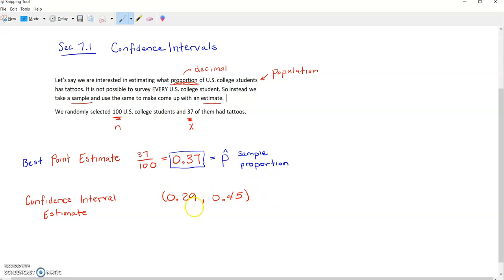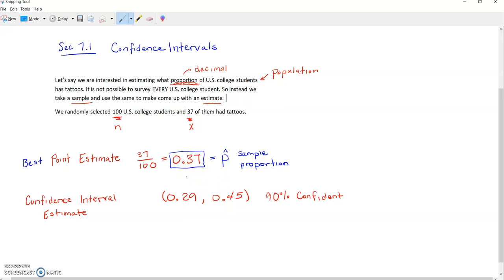So this is saying we are 90% confident that this interval from 0.29 to 0.45 does contain the true proportion of college students that have tattoos. Sorry, my dogs are making a lot of noise.